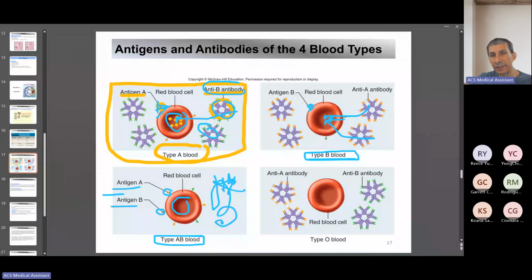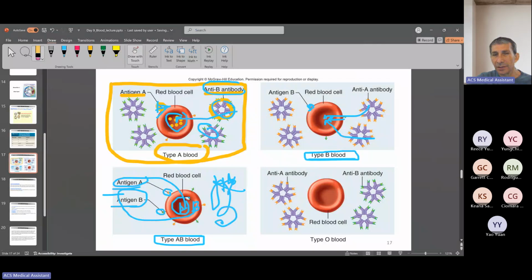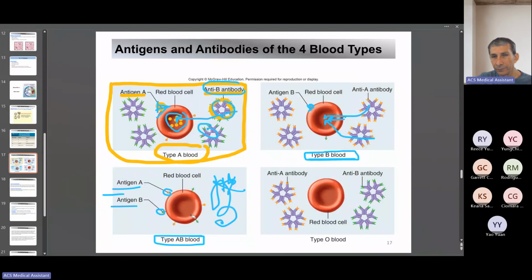Remember, if I have antibody A right here, it's going to kill my antigen A. If I have antibody B right here, it's going to kill my antigen B. So they do not go together. They don't get along. This is like having a criminal and a policeman. They don't get along. Well, in the perfect world, right? So that's basically what it is. So A, B. So no antibodies.